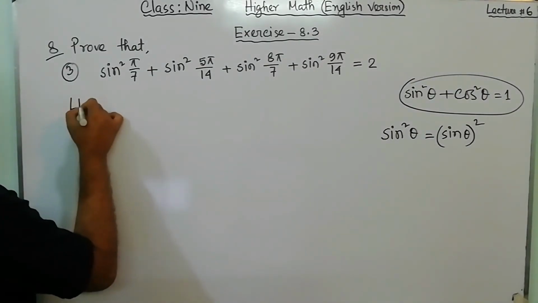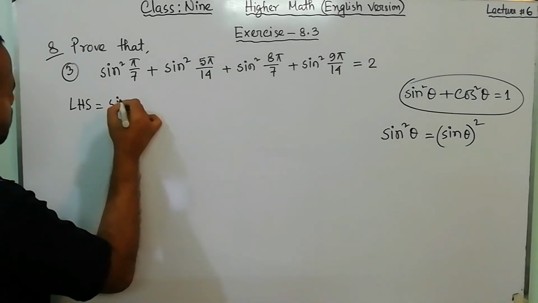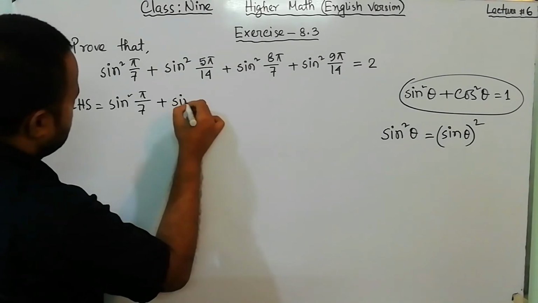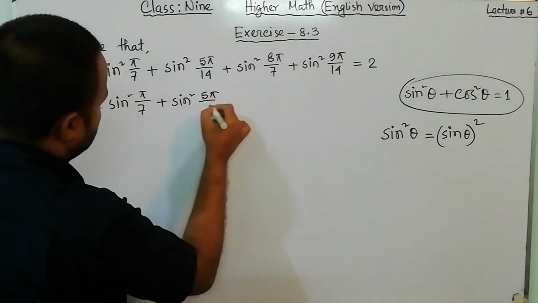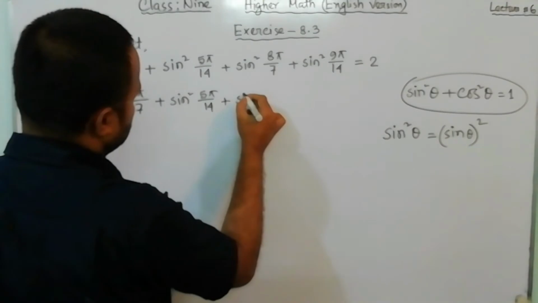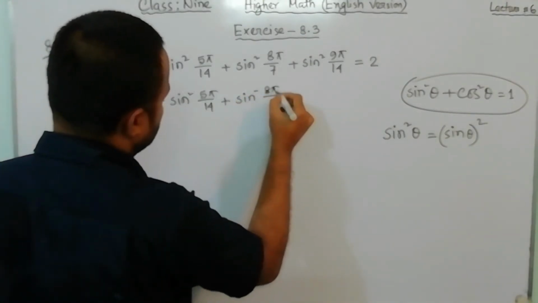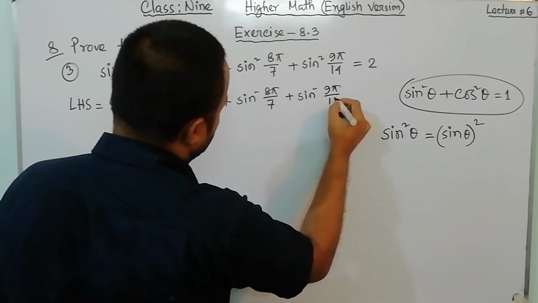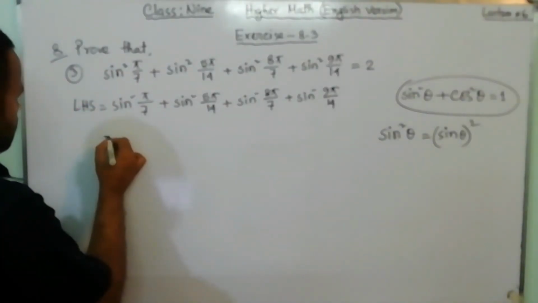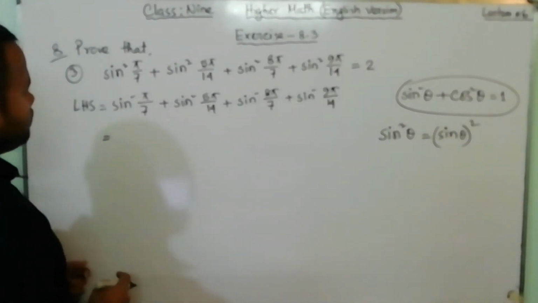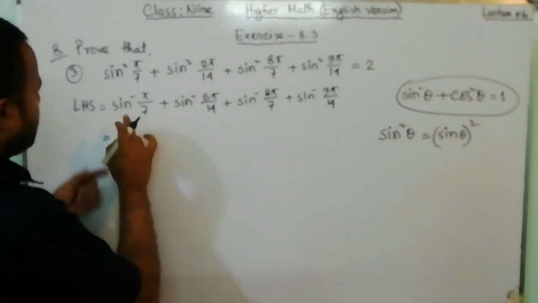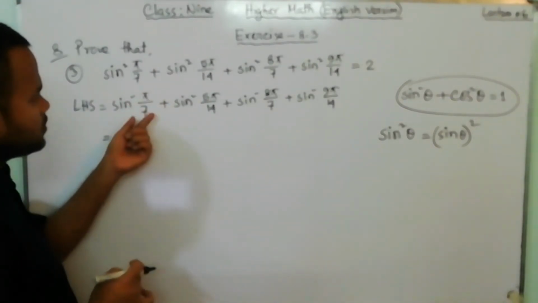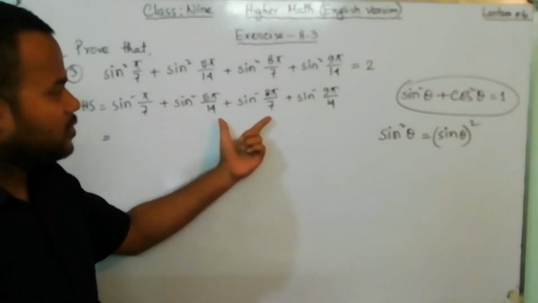Left hand side: sin²(π/7) + sin²(5π/14) + sin²(8π/7) + sin²(9π/14). Here we can write this term, this term will remain the same. This is the smallest, π/7 is the smallest angle among the other three.